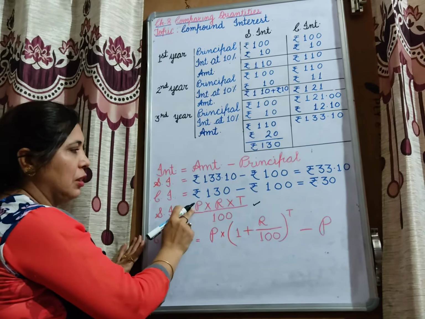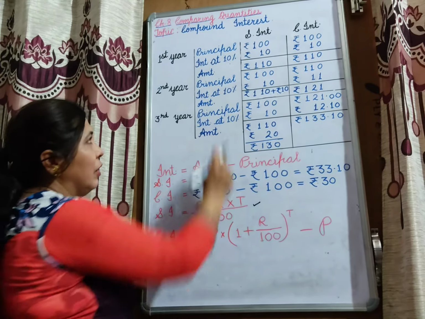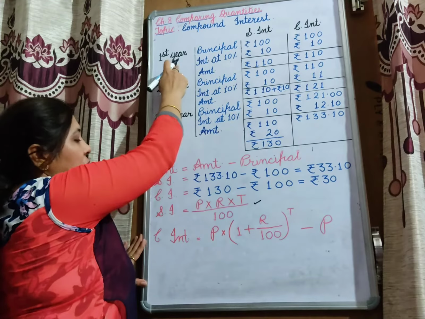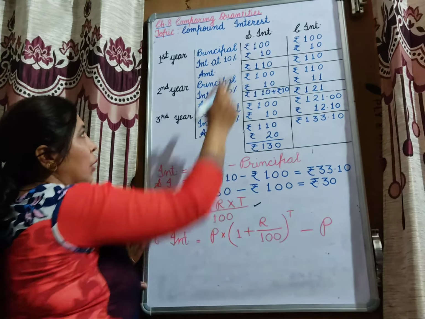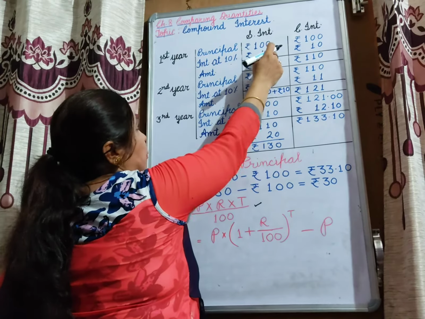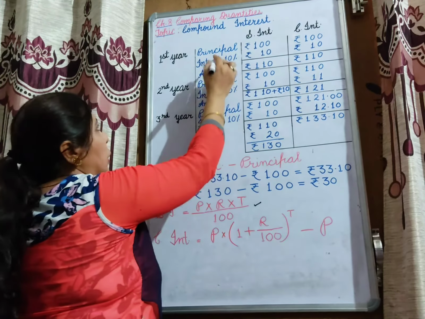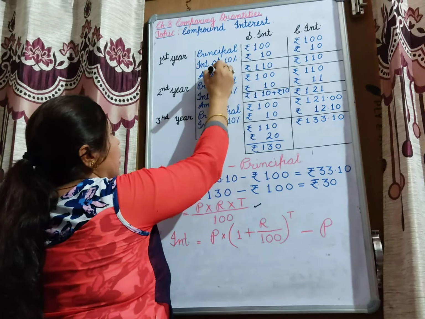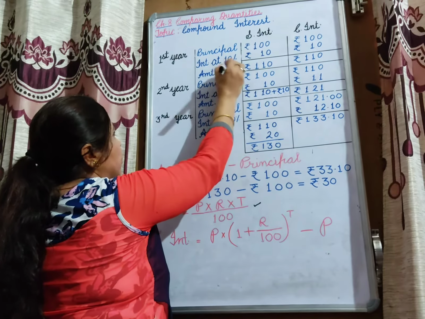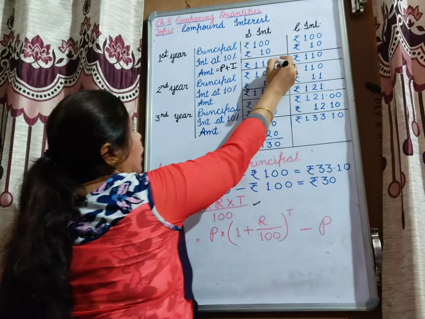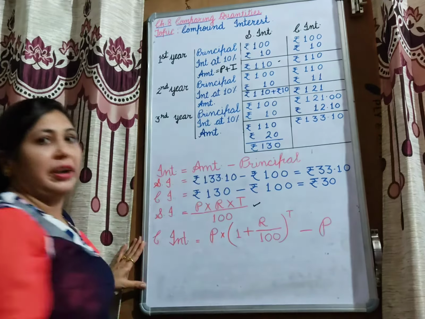P means principal, R means rate, which we have taken 10%, and T means time, 1 year, upon 100. Then what will you get? 10 rupees. Means interest is equal to 10 rupees, then amount will be equal to P plus I, principal plus interest. Means you will get amount as rupees 110.